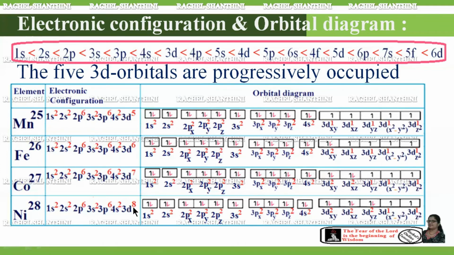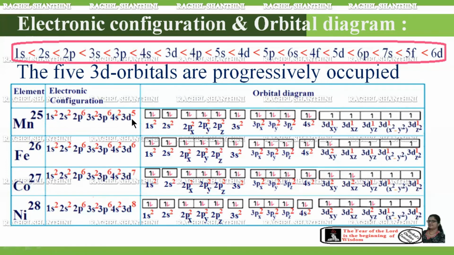Remaining 3 electrons are there, right? Now all the orbitals in 3d are filled up. So the sixth electron will pair up with the first electron in 3dxy, the seventh electron will pair up with 3dxz, and the last eighth electron will pair up with the third electron which is present in 3dyz.